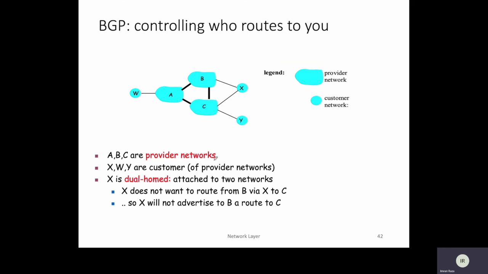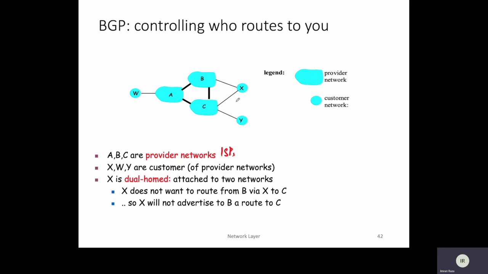So look at this example. In this example, we have two types of networks. We have provider networks, for example A, B, and C are ISPs, and then W, X, and Y here are customer networks, right? And importantly, you can see here that X is dual homed, meaning X is attached to provider B as well as provider C, right?